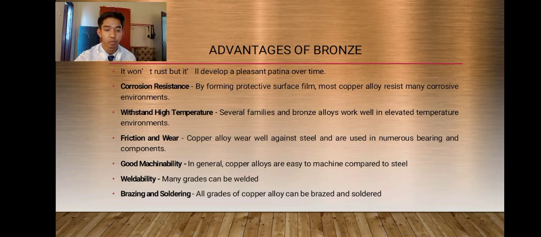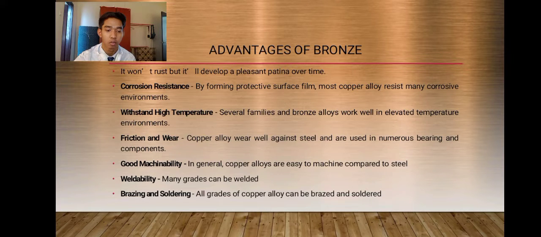Third, withstand high temperature. Several millions and bronze alloys work well in elevated temperature environments. Four, friction and wear. Copper alloys wear well against steel and are used in numerous bearings and components.